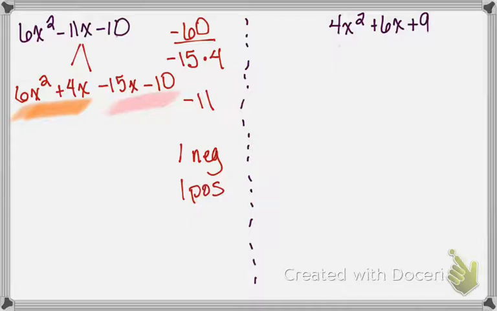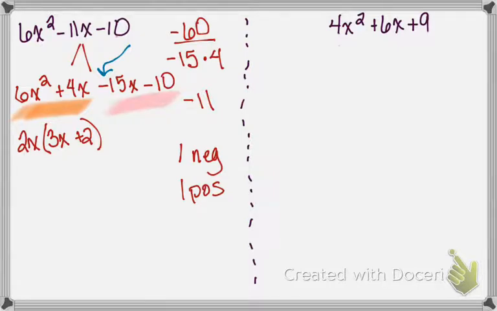What comes out of the first two? Excellent. 2x comes out of the first two. 2x times 3x gives me 6x squared. 2x times 2 gives me 4x. Okay? What does that negative at your third term indicate?